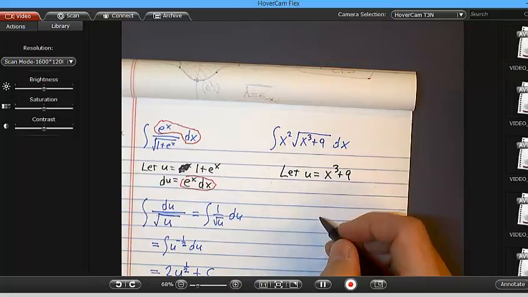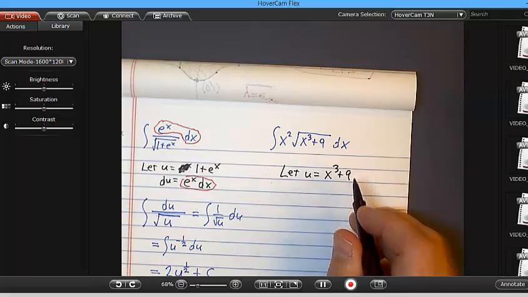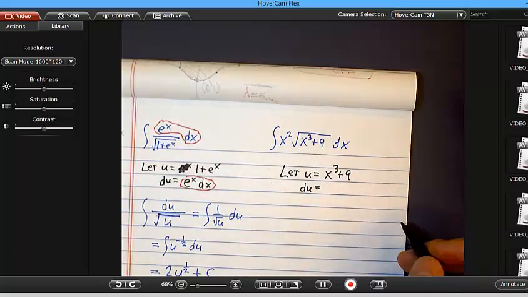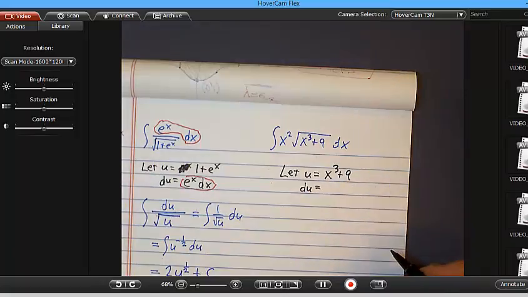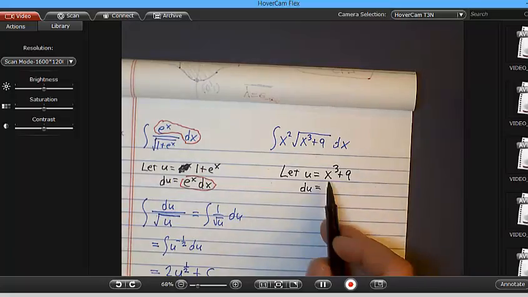All right. Next step. After you compute u, the next step is to compute what? du. Matt, what does du equal? Not 1/2. Let me see. It was x cubed plus 9 was my u.